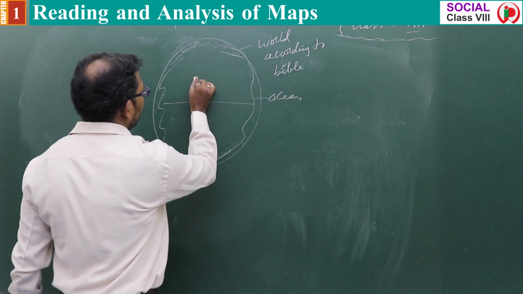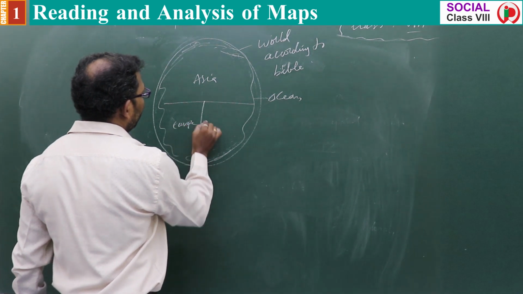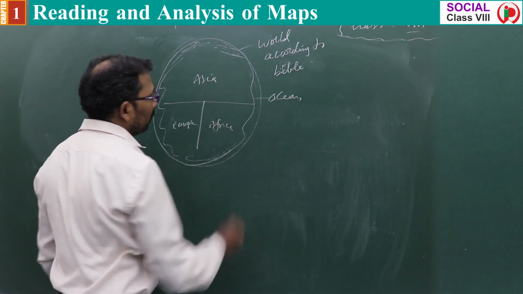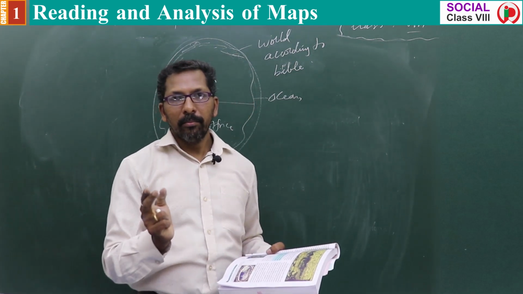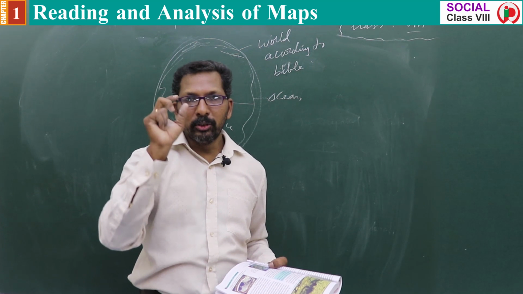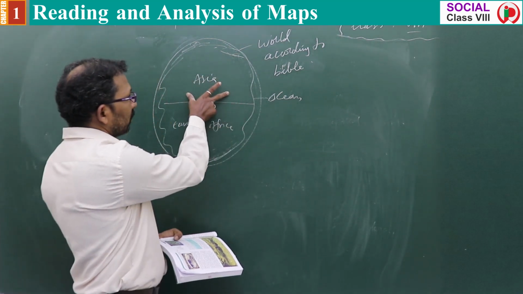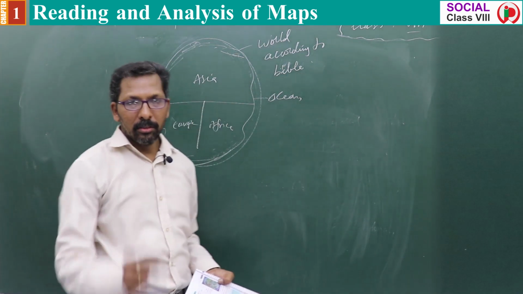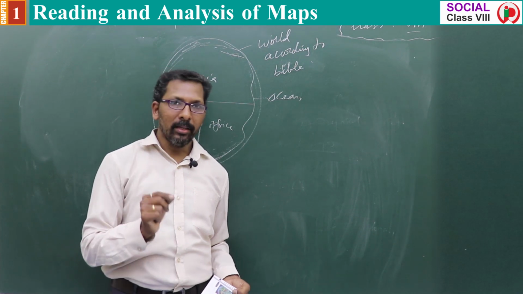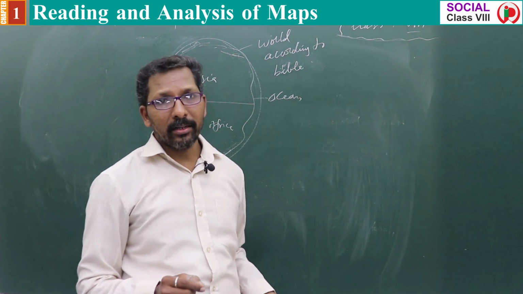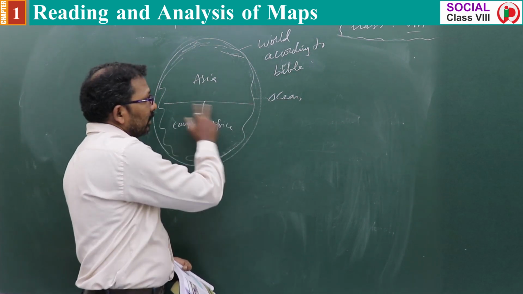So this is Asia, Europe, and Africa. In this way, the world map was prepared using ideas from the Bible. Now, why have they shown Asia as the biggest? Because they felt that Jerusalem was an important place, because Jesus Christ was born there, and that is why they showed Asia as an important and the largest continent.